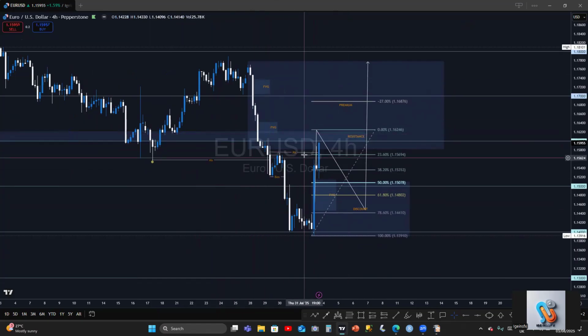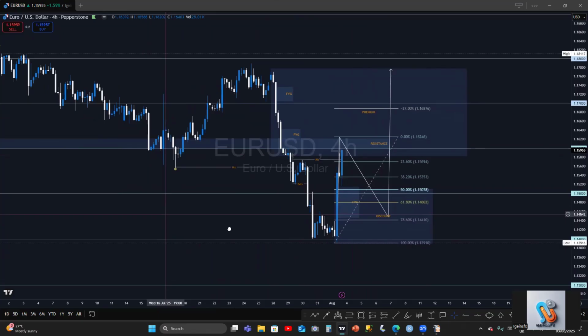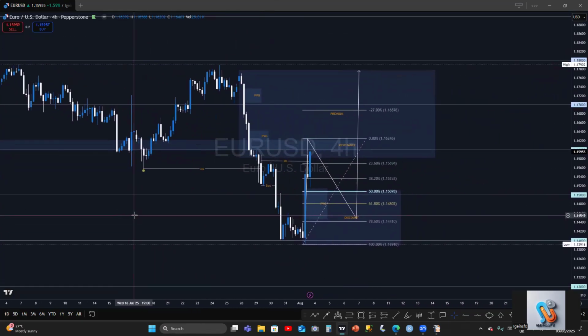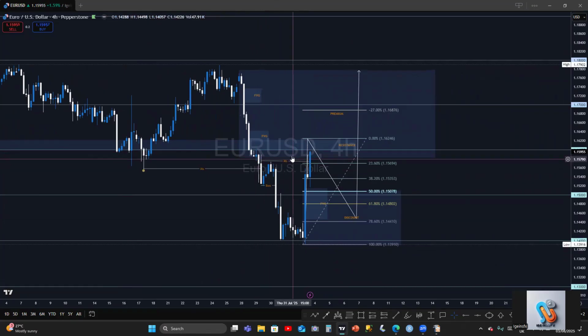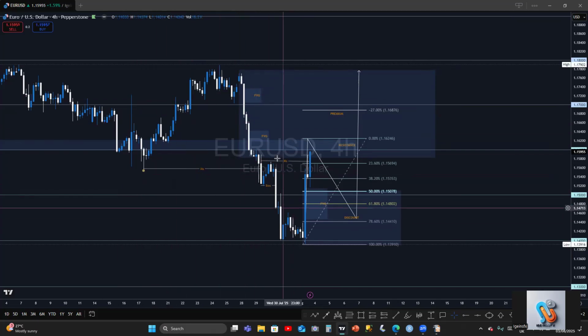Let's see if price will create a high, then make a pullback. Once it holds without violating this level, then we can say we are actually bullish, because price action has given us a market shift, even though a market shift has happened before, and it has happened again.